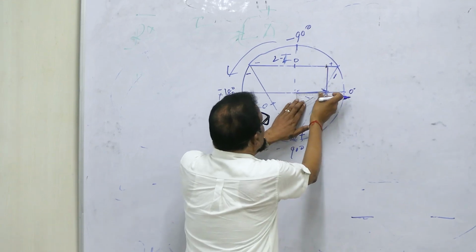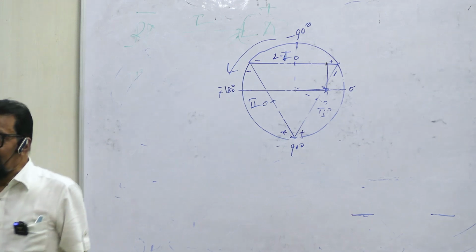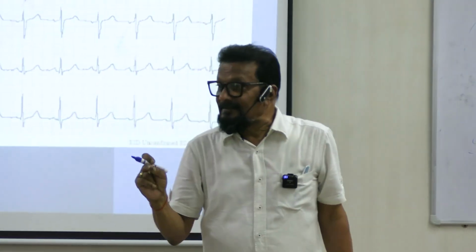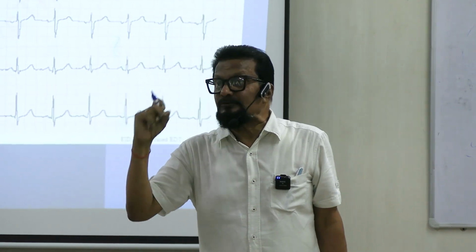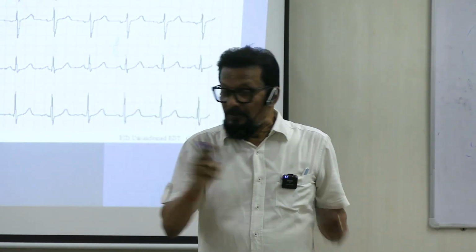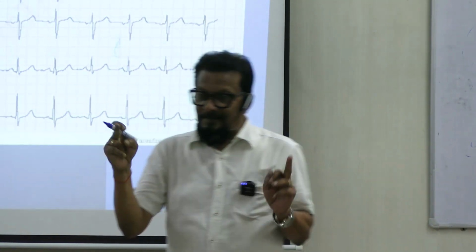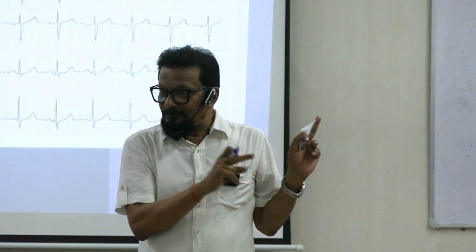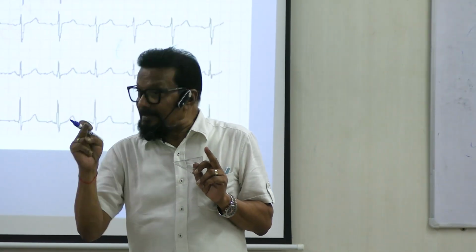What is the distance? 2 millimeter. Say it is 9 millimeter. 9 millimeter means 1 millimeter is 0.1 millivolt. 1 millimeter means 0.1 millivolt. Since it is 9 millimeter, so I got the vector. So what is the strength? 0.9 millivolt.